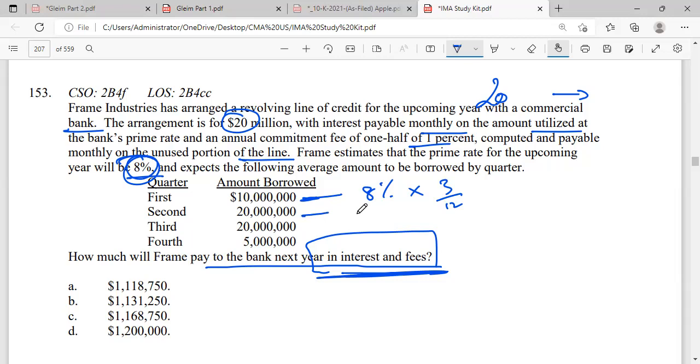Then this 20 million, again, you're going to take 8% into how long you're going to keep it. So per quarter, if you're borrowing this much, it means that you have got back into 6/12.